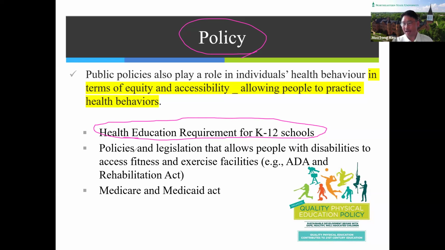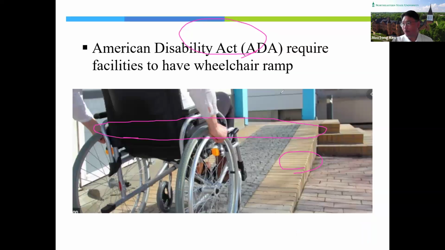And also some other policies, like regulations that allow people with a disability to access fitness and exercise facilities, like the Americans with Disabilities Act, the Rehabilitation Act, or something like that. Especially, the Americans with Disabilities Act requires facilities to have a wheelchair ramp.